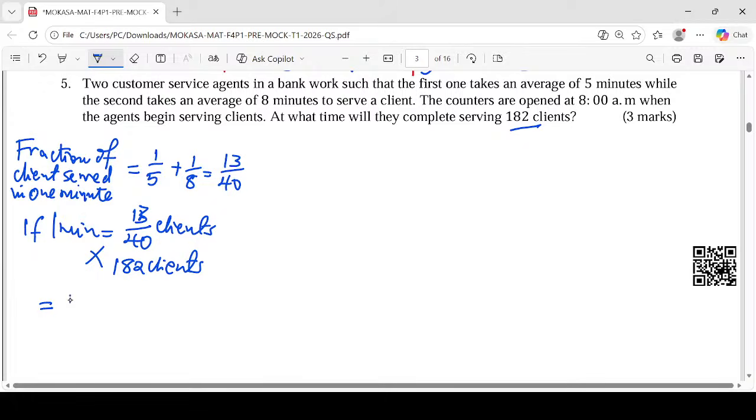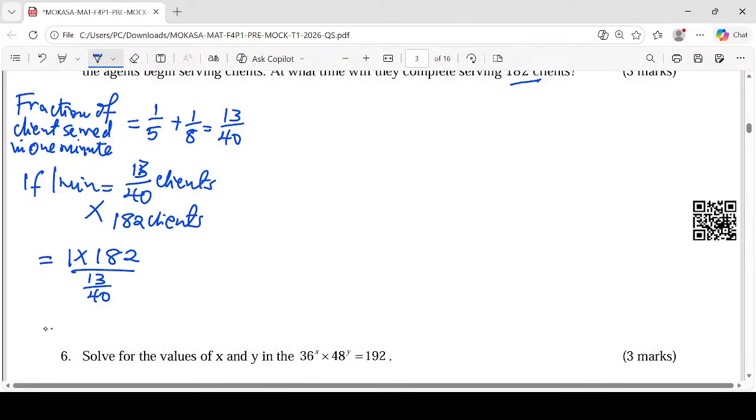This will be like saying 1 multiplied by 182, then you divide this by 13 out of 40. When you perform that division, you are going to get your time in minutes. So 182 divided by 13 out of 40 gives you 560 minutes. That is the time in minutes it will take to serve the 182 clients.